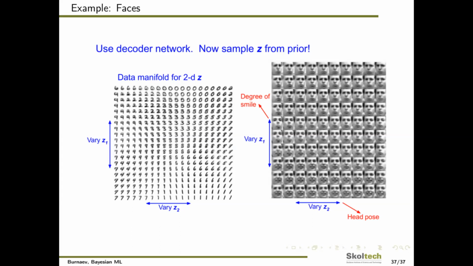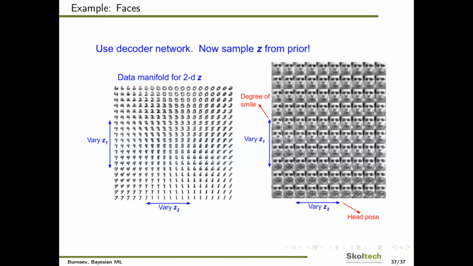As we deal with a smooth embedded space, if we change something, we change it smoothly. And in this particular example, we can say that by varying the first dimension, we vary the degree of smile on a face, and by varying the second dimension, we vary maybe the second most important part of our representation.